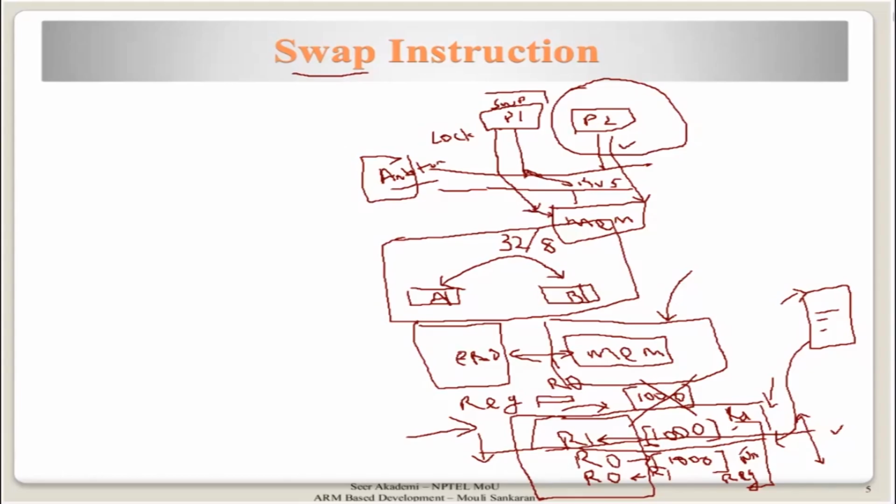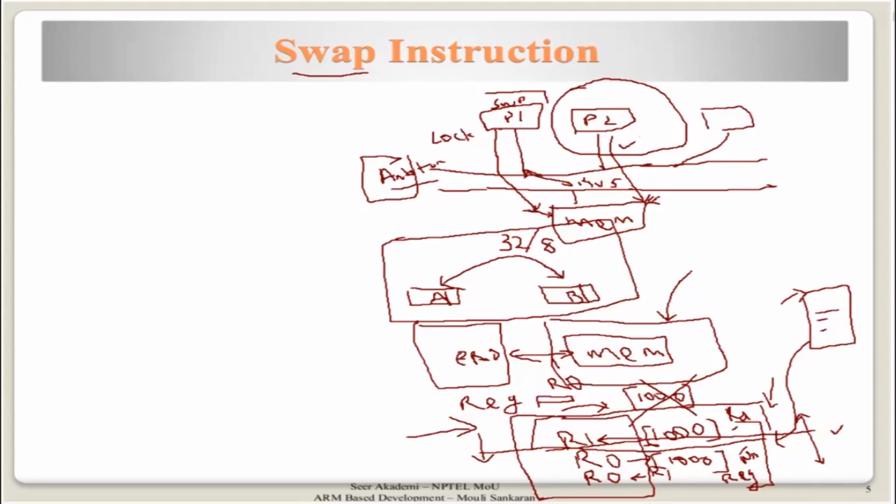So I do not want any other memory cycle stealing happening in between these transactions. Indirectly, the memory prevents other processors on the same bus from getting control of the same memory before this transaction completes. With the support of hardware, with the support of the memory, this swap instruction works.